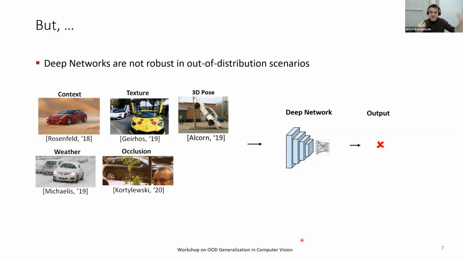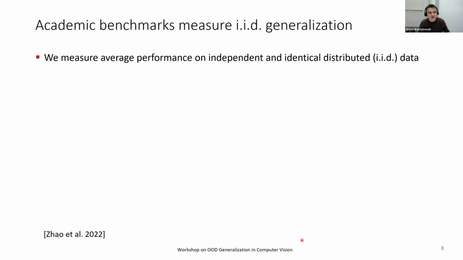On the one hand, our academic benchmarks measure 99% performance and tell us computer vision is solved. On the other side, we observe scenarios that tell us our vision systems are actually not very sophisticated, because none of these scenarios fool a human observer. There's a discrepancy between our academic benchmarks and what we observe in real world scenarios.